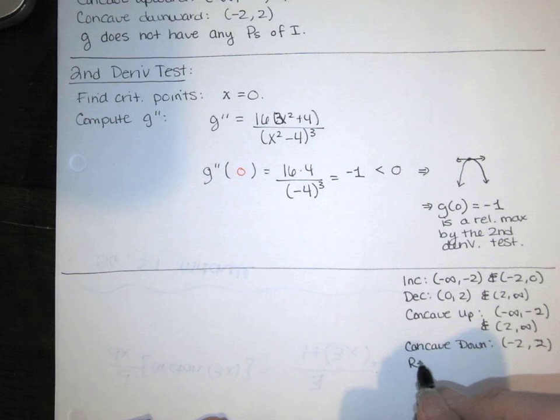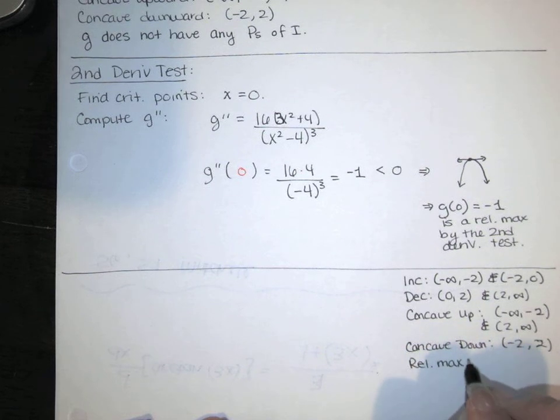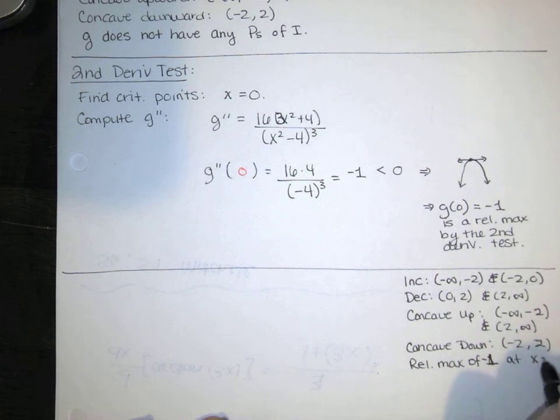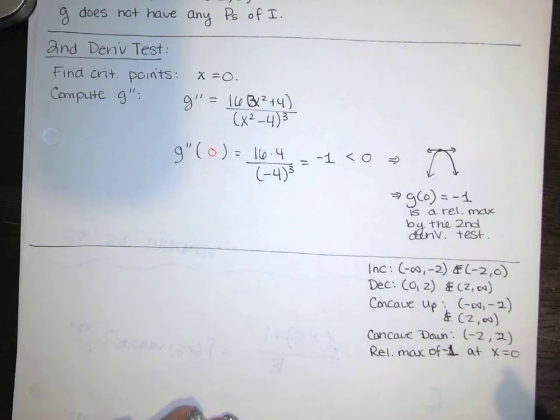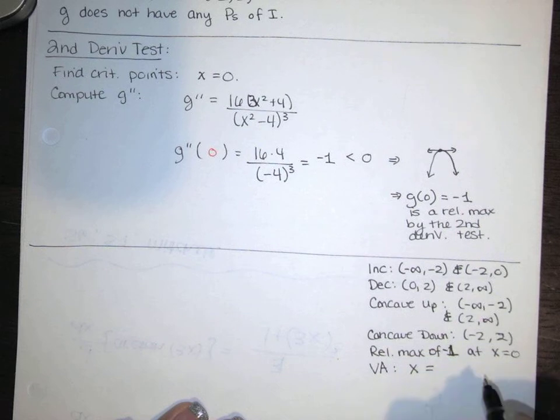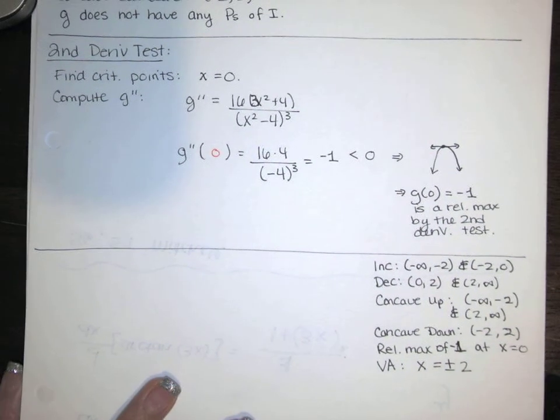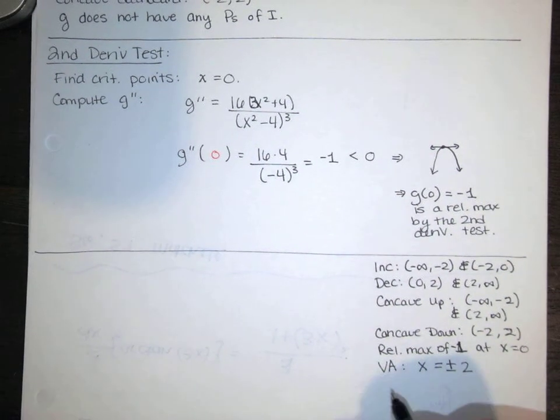We've got a relative max of negative 1, and that occurs at x equals 0. And we've got vertical asymptotes, x equals plus or minus 2. And we don't have any points of inflection.